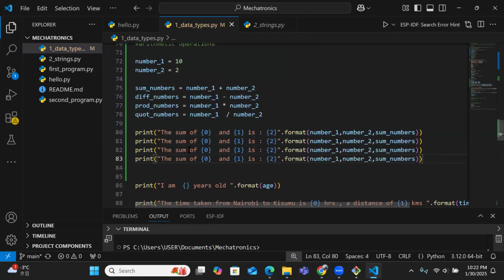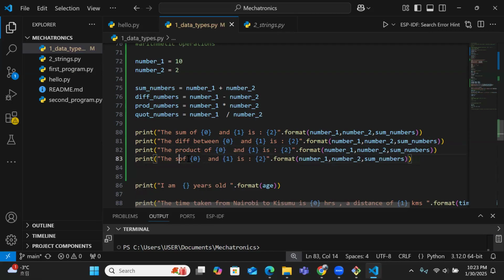And you just change here: the difference between, the product of, and the quotient of.